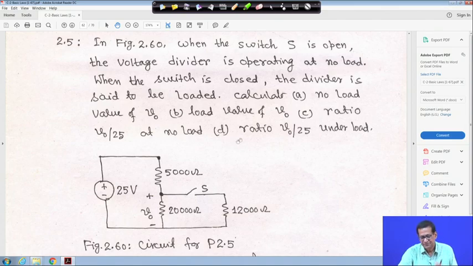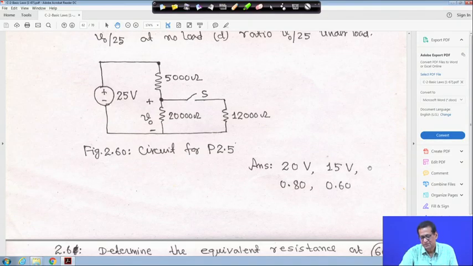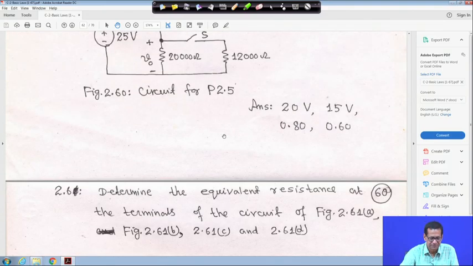So, calculate A, the no load value of V0, B, the load value of V0, and C, the ratio of V0 by 25 at no load, and D, the ratio of V0 by 25 under load. When it was open it is no load, and when it is closed it is load. So, it is a voltage divider circuit, a 25 volt source is there. So, this is a simple one, please solve it. Answer is given: 20 volt, 15 volt, and the ratios are 0.80 and 0.60.